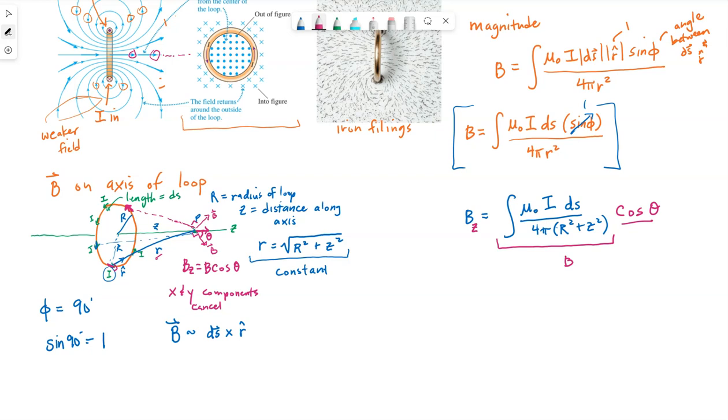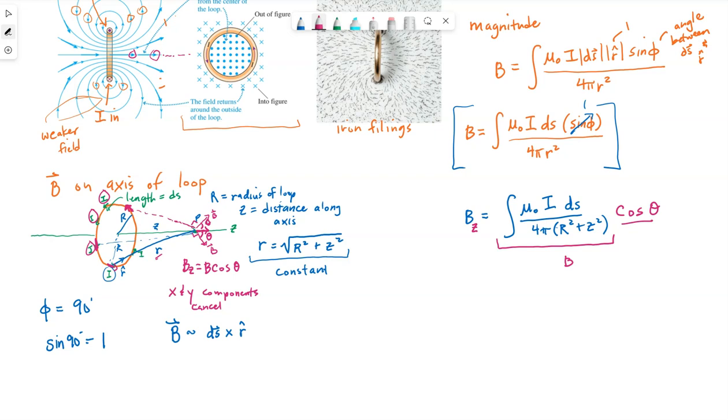All right. The corresponding piece of current will make the same angle. Any of these pieces of current will create a magnetic field strength that's the same, and that magnetic field vector will make the same angle theta with the Z-axis.